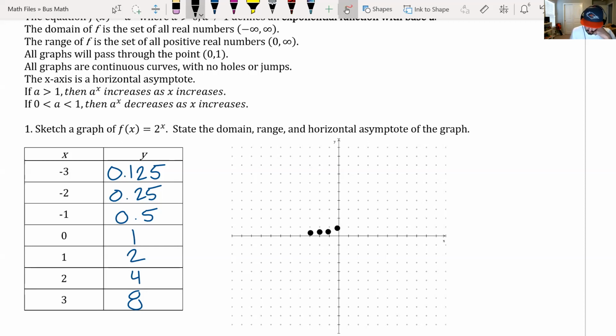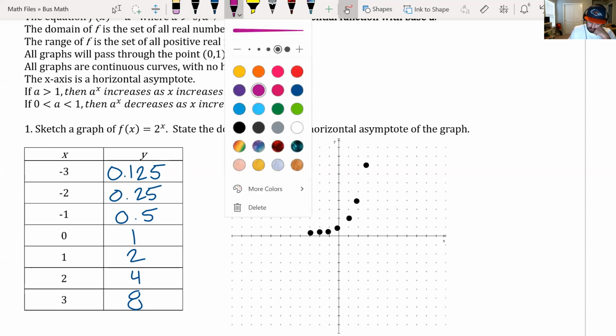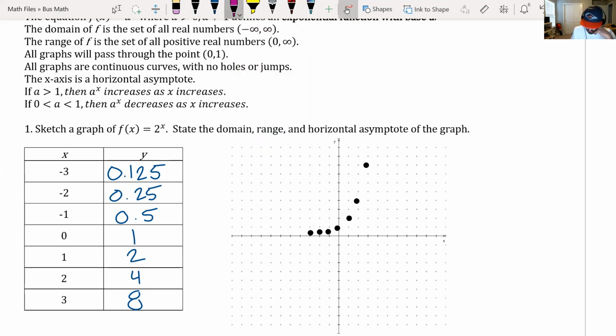At 1, we are at 2. At 2, we are at 4. And then at 3, we are at 8. Then connect. So my graph is going to look like this. There we go. That is the graph of 2 to the x.